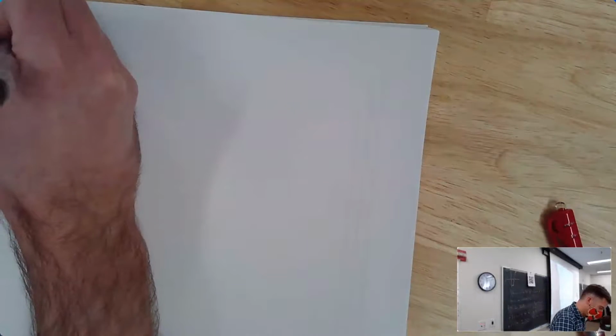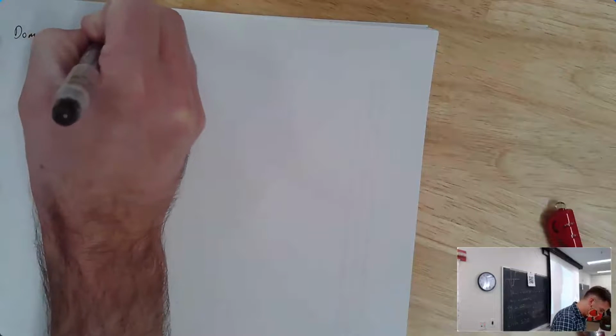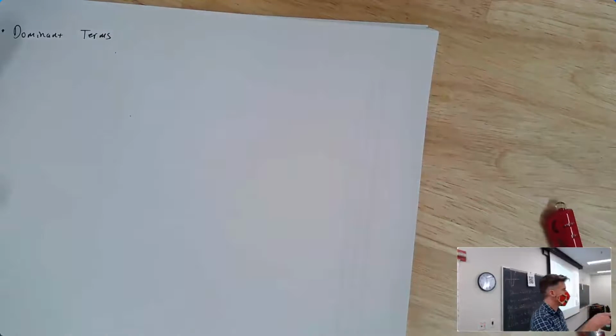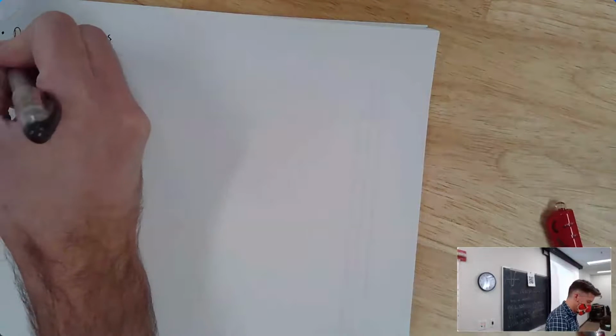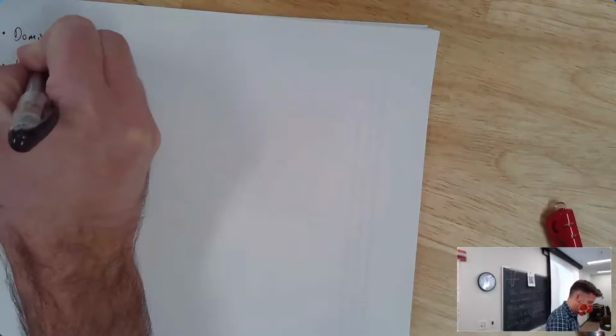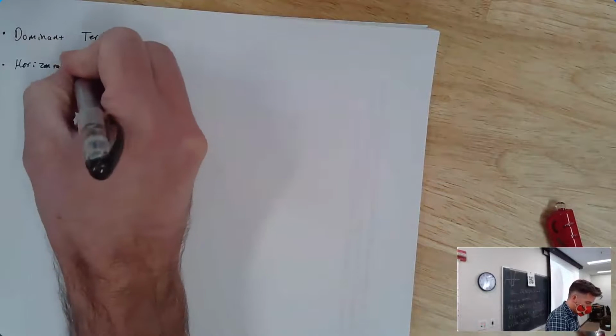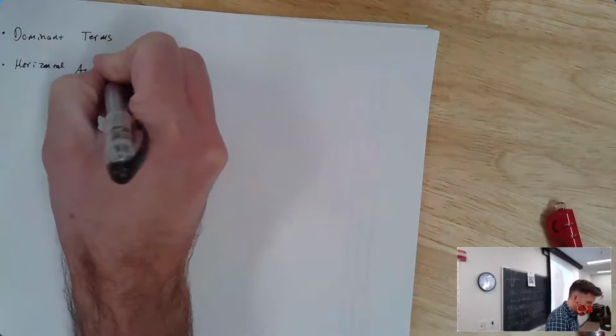Can we talk about dominant terms? Yeah, sure. I saw another hand over here somewhere. I think this is just a clarifying question. For finding horizontal asymptotes, we take the limit as x goes to either positive or negative infinity.